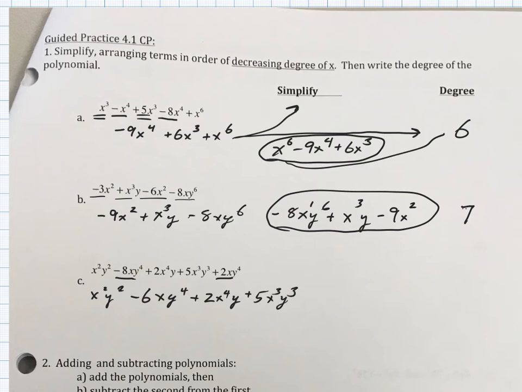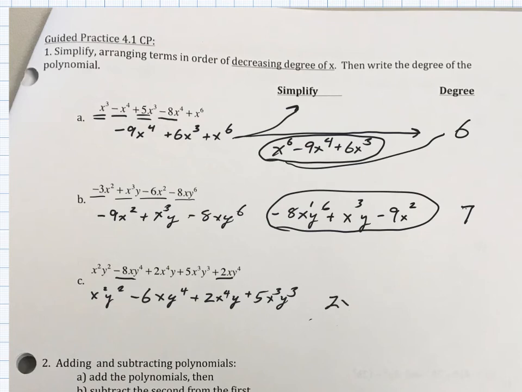This one's hard to get in order, right? Oh, they say decreasing order of x. So the biggest exponent of x is x to the fourth, right?